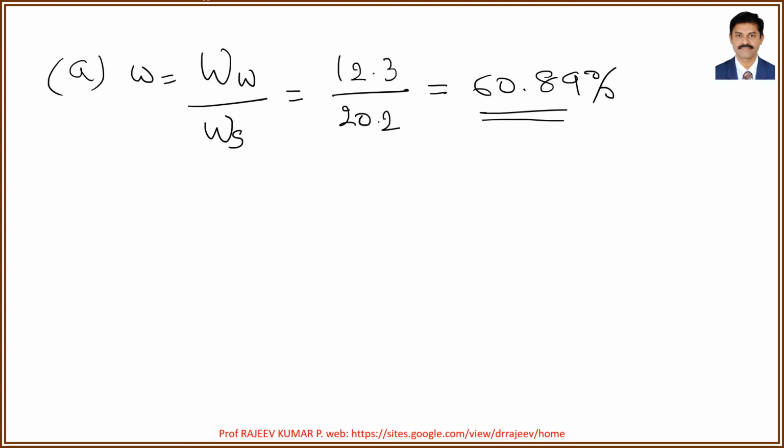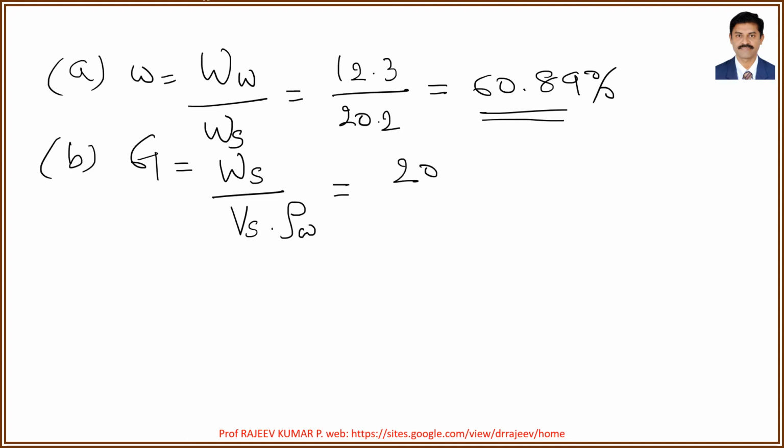Now the second question was determination of specific gravity. Specific gravity is nothing but weight of soil solids divided by volume of soil solids into density of water, which is equal to 20.2 divided by volume of soil solids 6.9 into 1 gram per centimeter cube, the density of water.